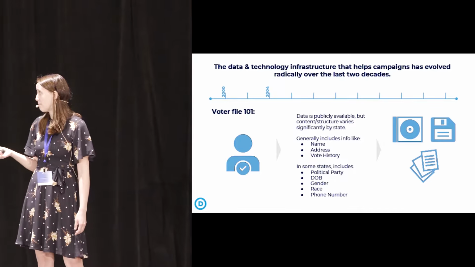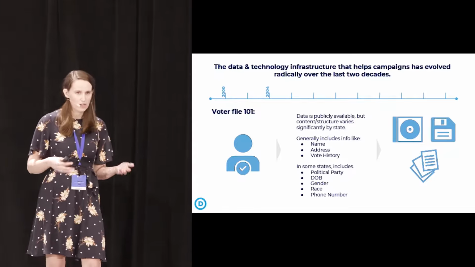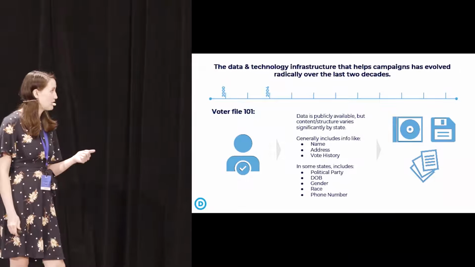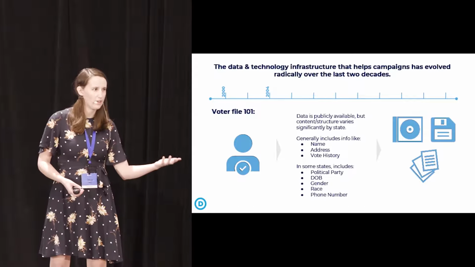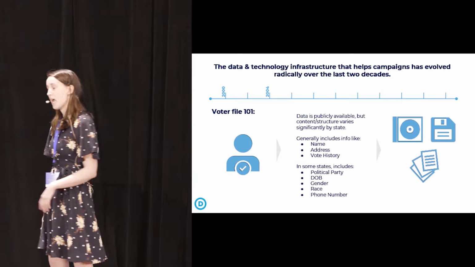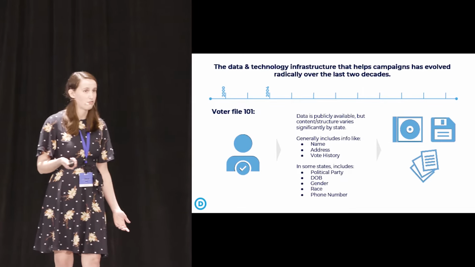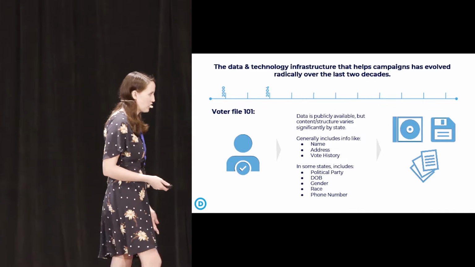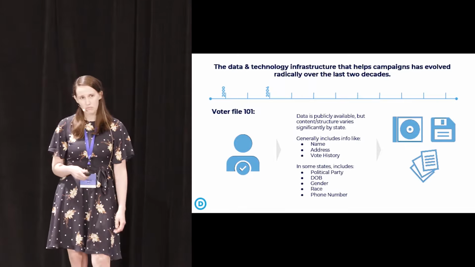That data is generally publicly available, and there are rules state to state around what data can be provided to whom, but generally, states collect information like your name, your address, which includes information about what elections you're eligible to vote in, and your vote history. In some states, they also collect information like the political party you registered for, your date of birth, your gender, your race, and contact information like phone numbers.